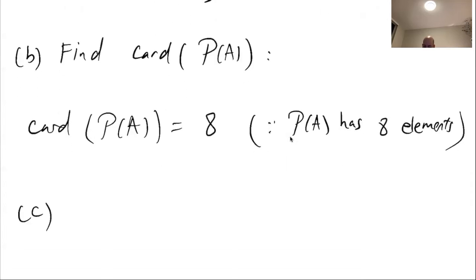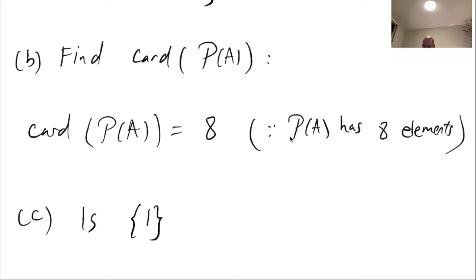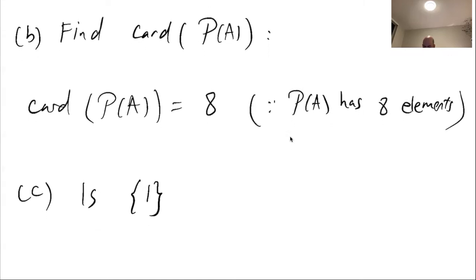Now another part, let me write this way. Does 1 belong to P of A?